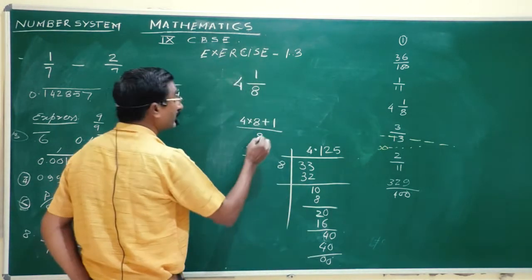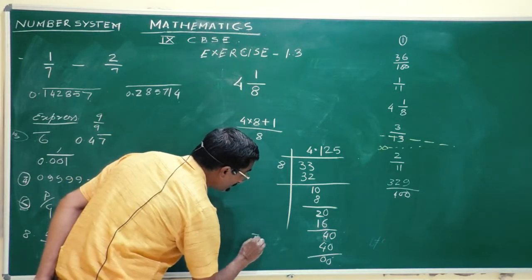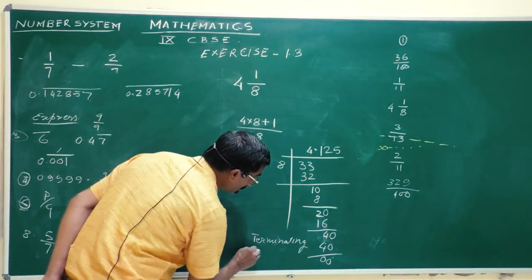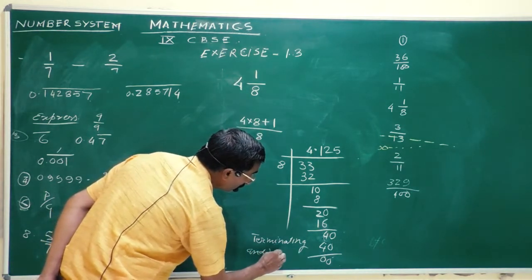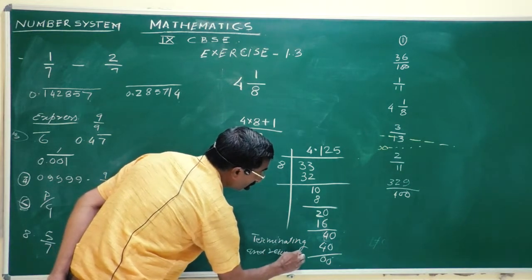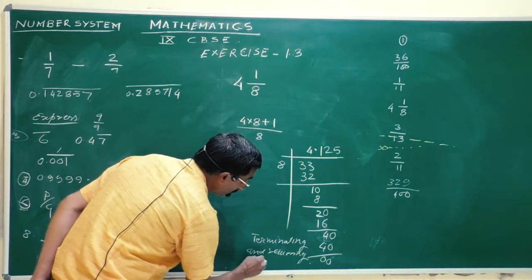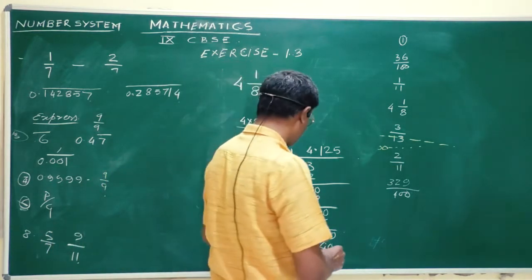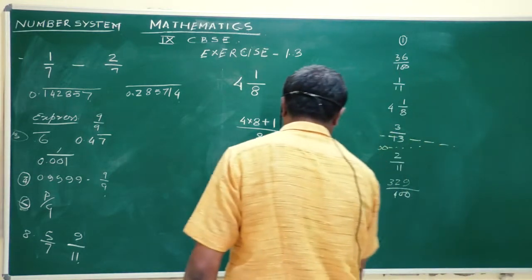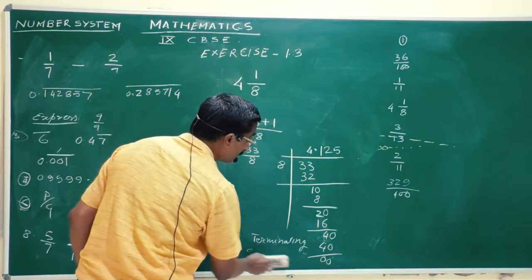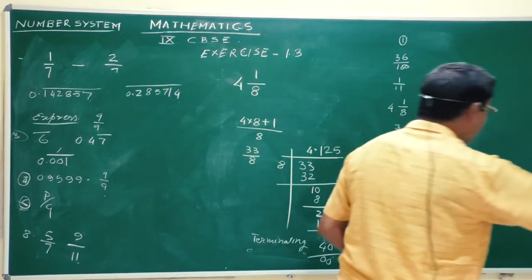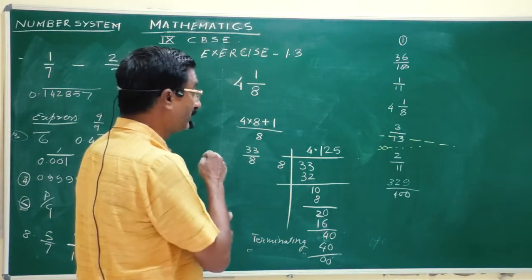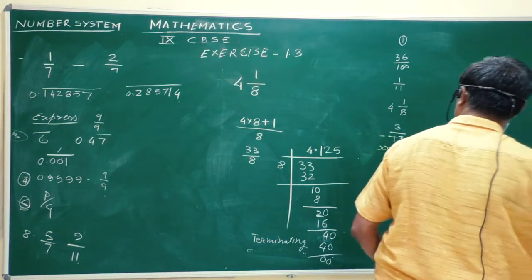So this is terminating in nature, that is, remainder is 0. It is not recurring. Clear? So the value is 4.125.